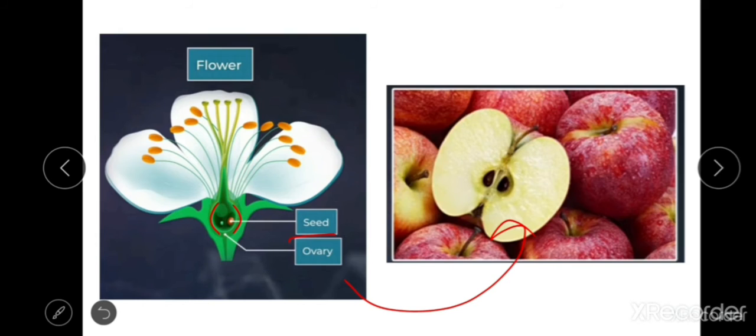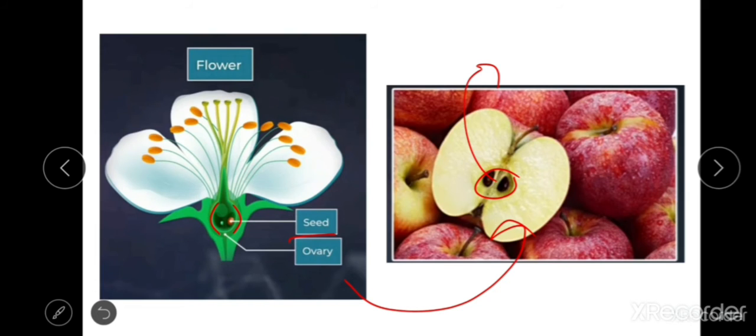So the fleshy and juicy part that we eat of an apple is basically a ripened ovary, a mature ovary. And the seeds, these brown seeds, are the mature ovule after the fertilization.